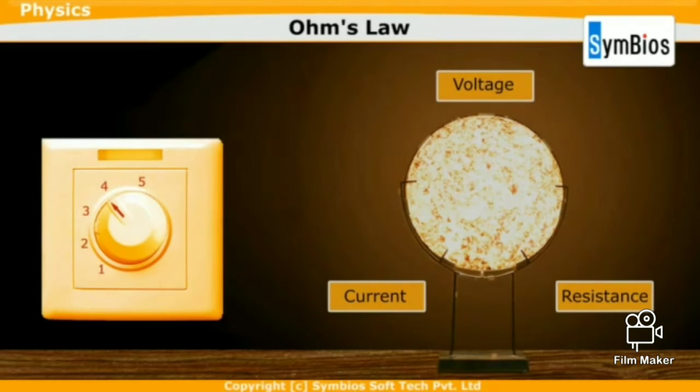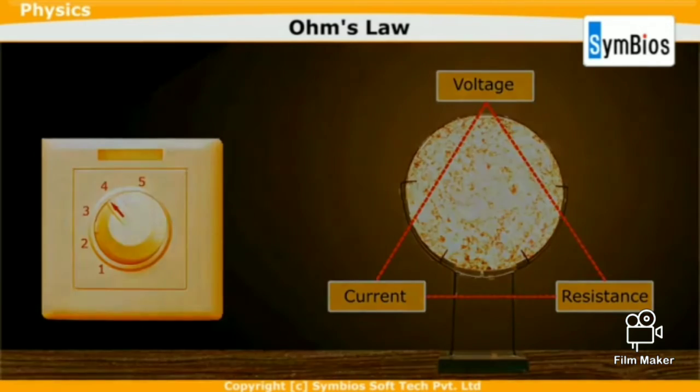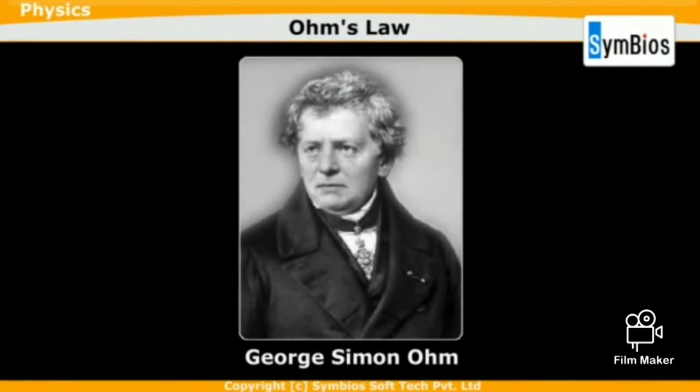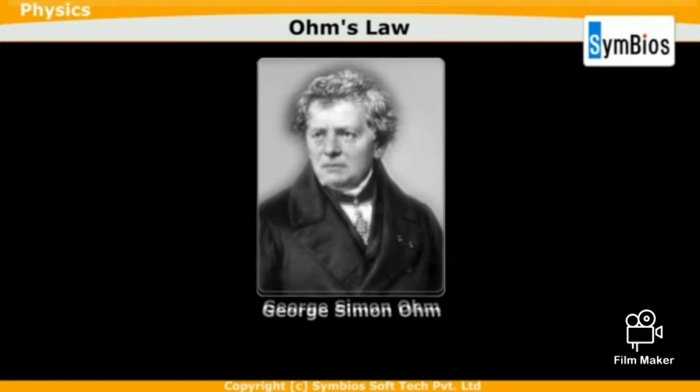Did you notice that there is a relationship among the flow of the current, the voltage, and the resistance? This relationship was discovered and proposed by the German physicist Georg Simon Ohm in 1827.